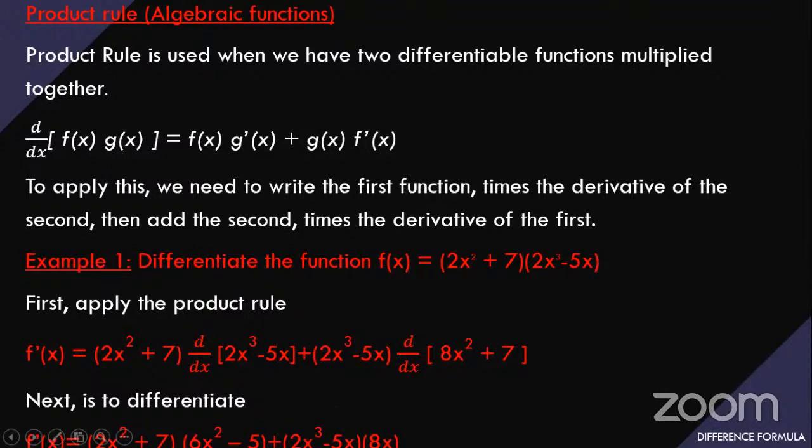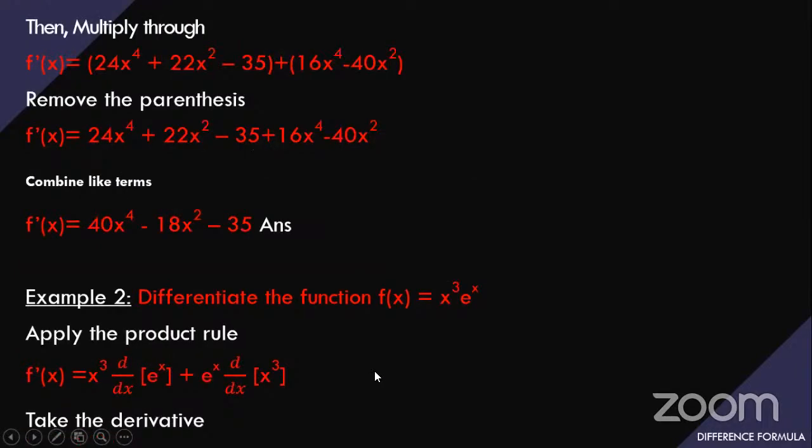Then our answer in this is 2x squared plus 7 times 6x squared minus 5 plus 2x cubed minus 5x times 8x. This is what product rule tells us to do.